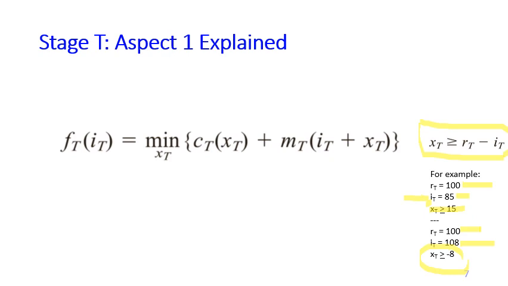You may reduce the capacity by 7, 6, 5, 4, and so on. So any decision is okay as long as it is greater than or equal to minus 8. So minus 9 is not allowable, but minus 8 or bigger than minus 8, which is minus 7, minus 6, and so on, is allowable. So this is how you make sense of this inequality.